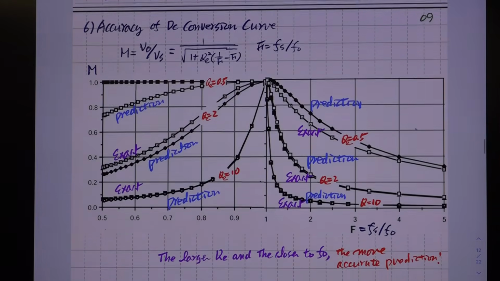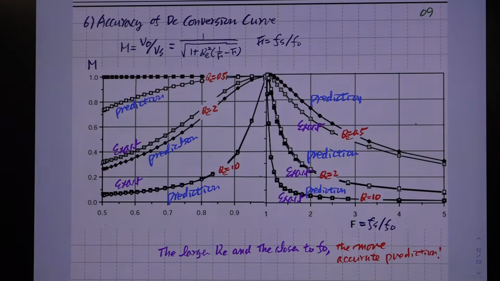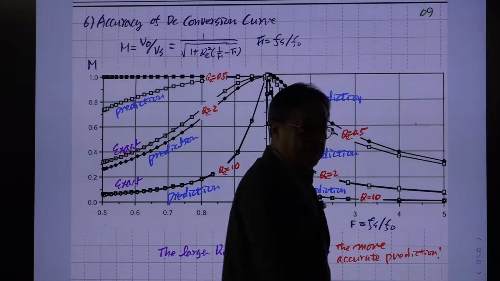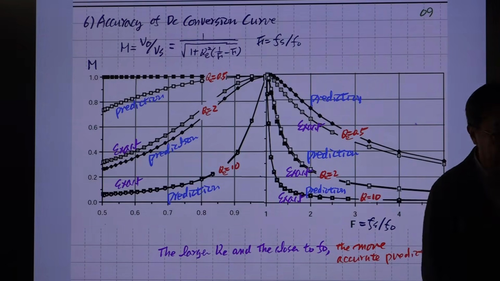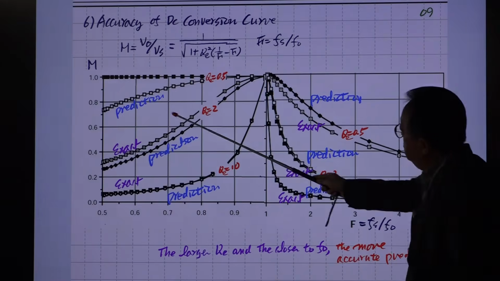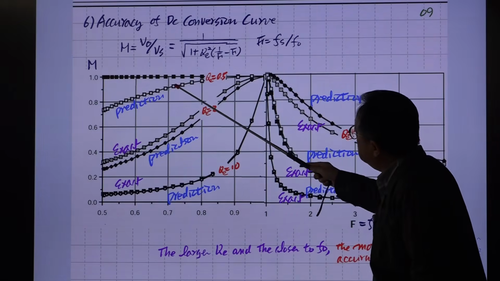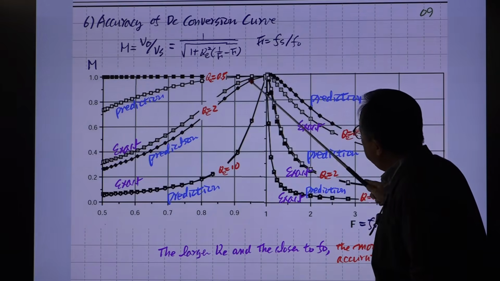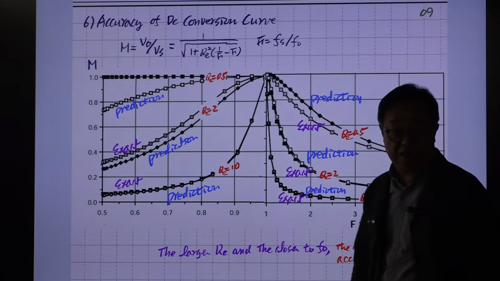And finally, last week we discussed this. One is the prediction of this equation, based on the fundamental frequency model. So this blue one is the prediction, the black square, and the white square is the exact response.